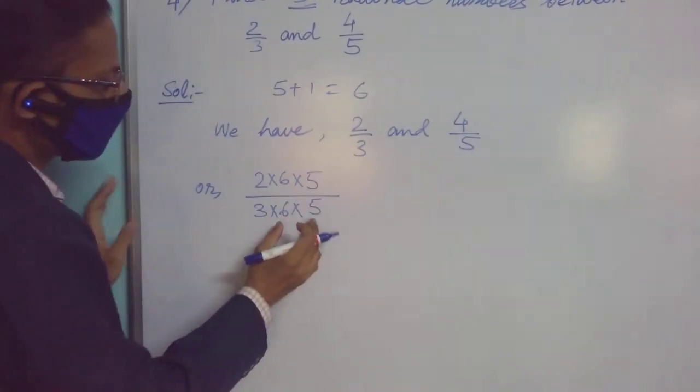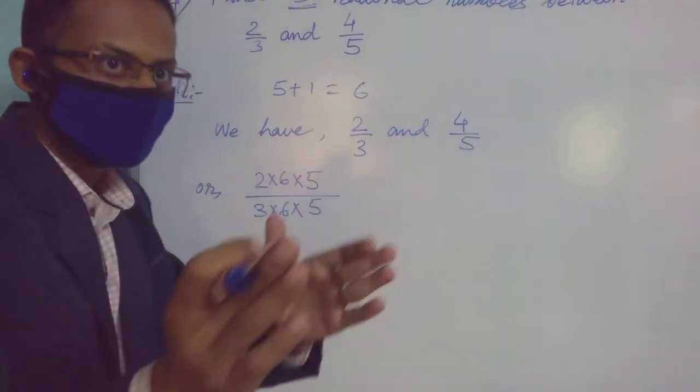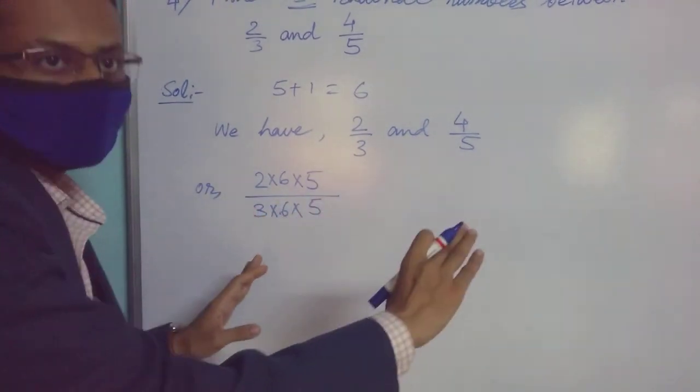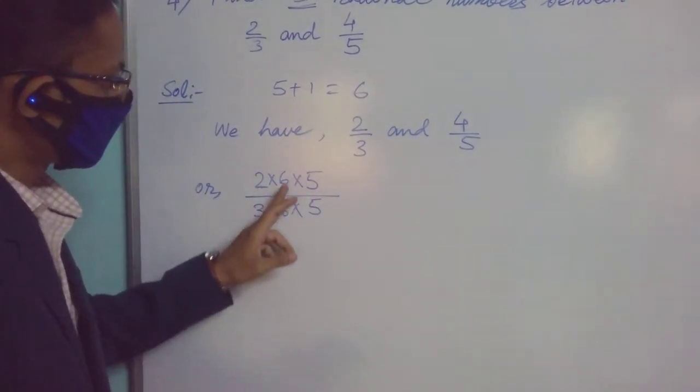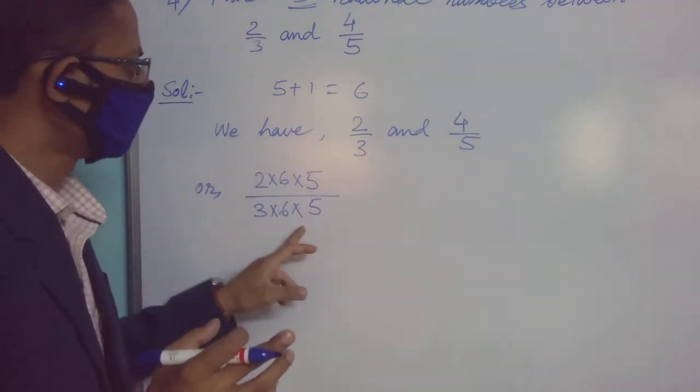Now why am I writing this 6 and 5? That I know, and by now you also know. You don't need to write anything. Just multiply like this, but at the back of your mind you should know how you are writing this.